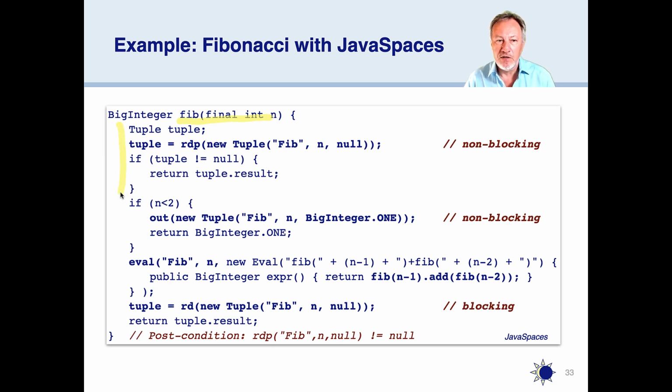So the first thing we do is we try and read non-destructively from the tuple space. So we're looking for a tuple with three components. The first one says it's a Fibonacci number. The second one is n, that's saying this is the nth Fibonacci number. And the third value is the number that we're trying to find.